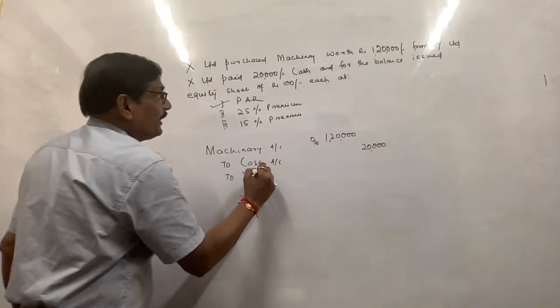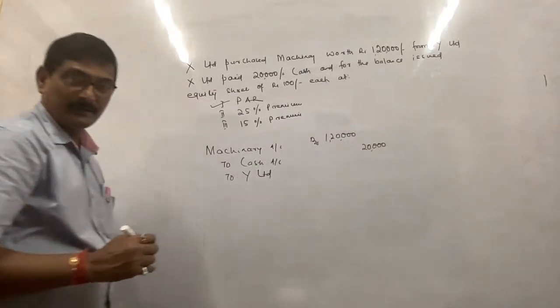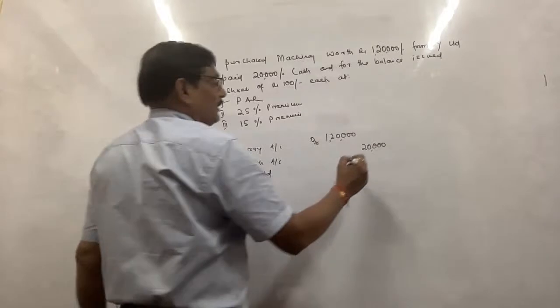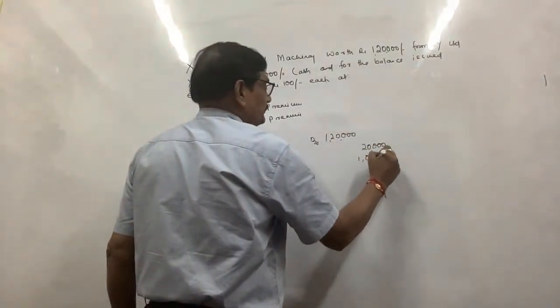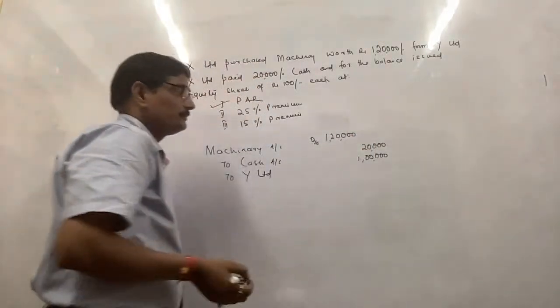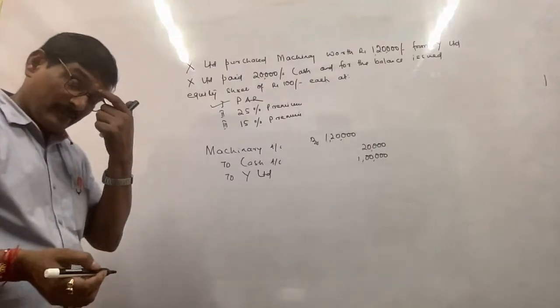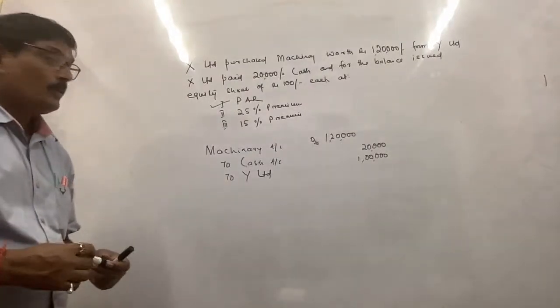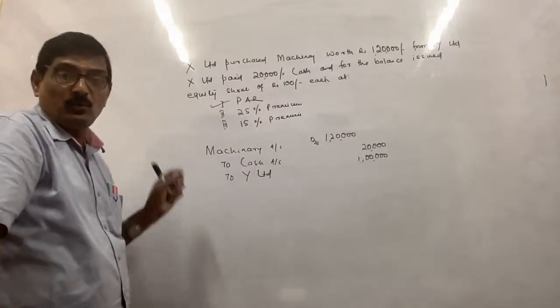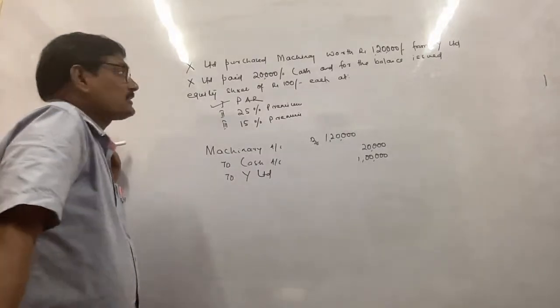Third, Y Limited, the vendor, 1 lakh rupees. Now you see, we have to pay 1 lakh rupees to Y Limited by issuing shares.